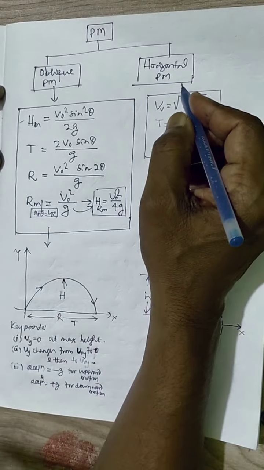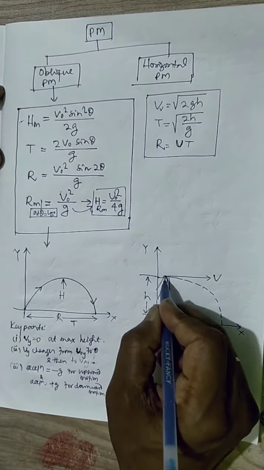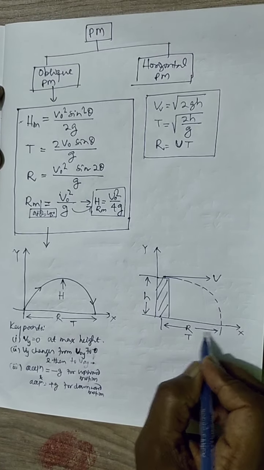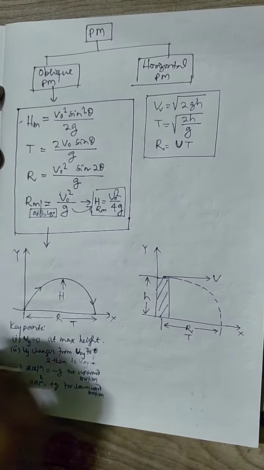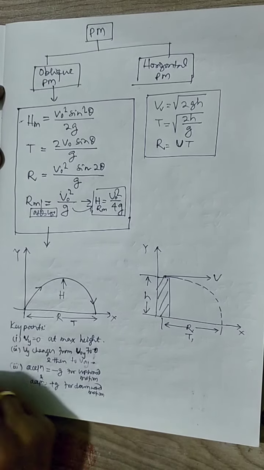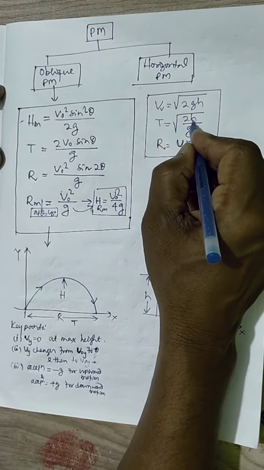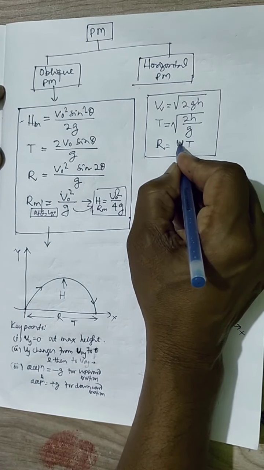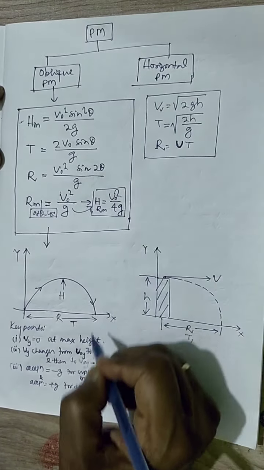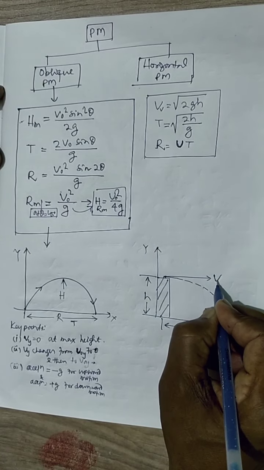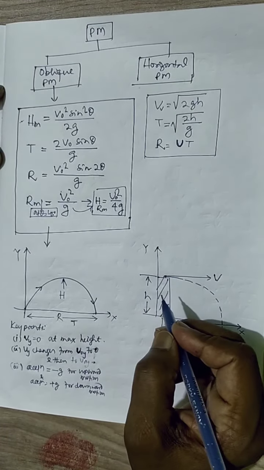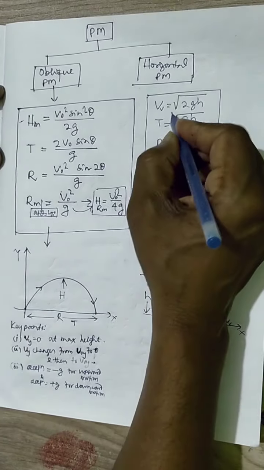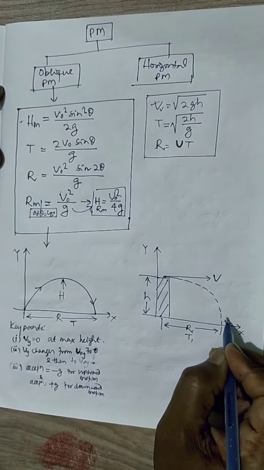Now, under horizontal projectile motion, if the object is thrown from a height h and it has reached the ground with range r and time t, then t will be under root 2h by g, and the range is equal to v0 t. This v0 is the velocity at which the object is thrown, and v is the final velocity with which it will touch the ground.